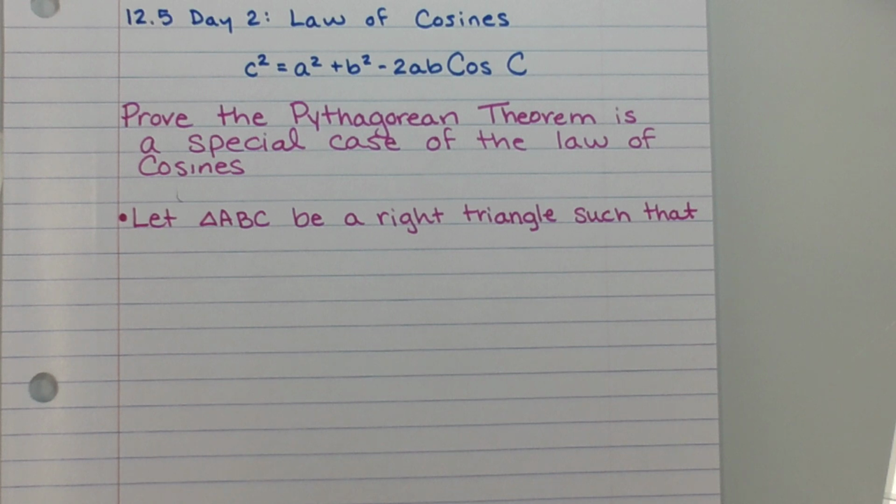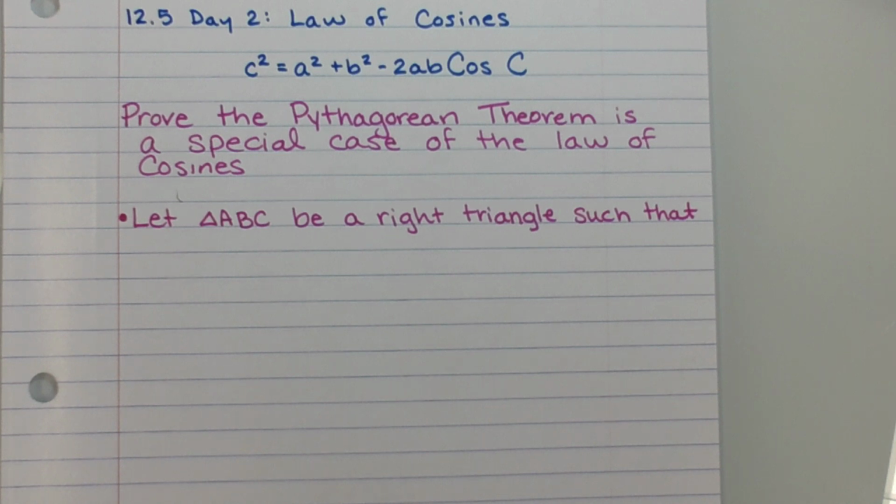In the Pythagorean theorem, which angle is the right angle? Angle A, angle B, or angle C? It does matter. Where does the right angle have to be located in the triangle compared to the side lengths? Across from the hypotenuse, opposite of the hypotenuse.